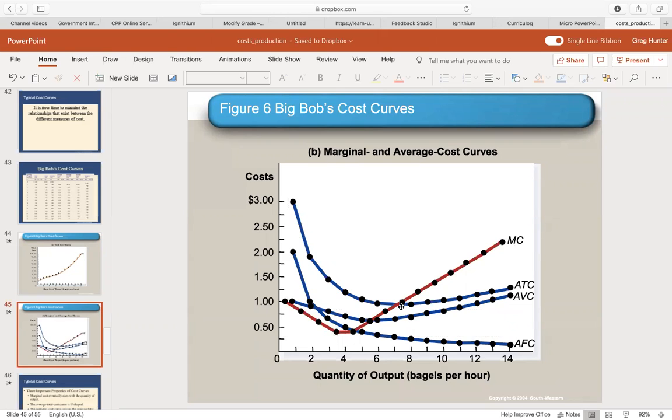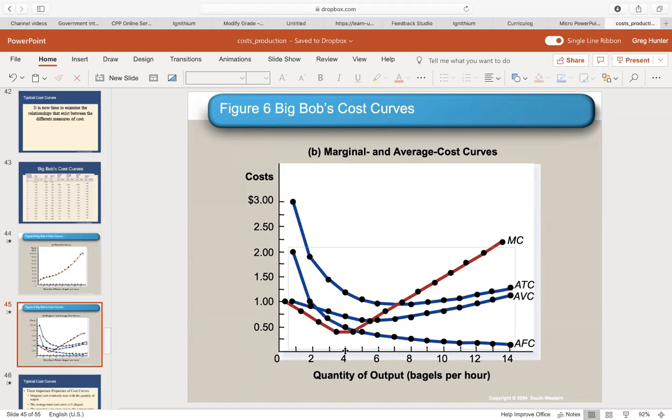But what you might not know, and is sometimes important, is that the marginal cost curve also intersects the average variable cost at its minimum point. Can you see that here in this graph? Yeah.